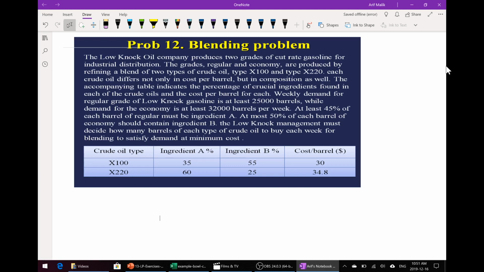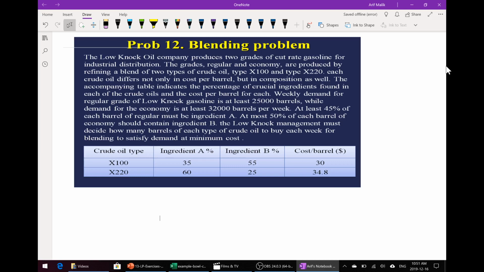At least 45% of each barrel of regular must be ingredient A, and at most 50% of each barrel of economy should contain ingredient B. The Low NOx management must decide how many barrels of each type of crude oil to buy each week for blending to satisfy demand at minimum cost.